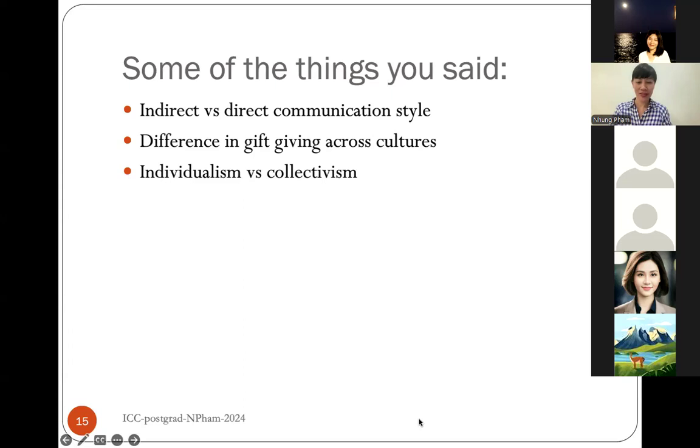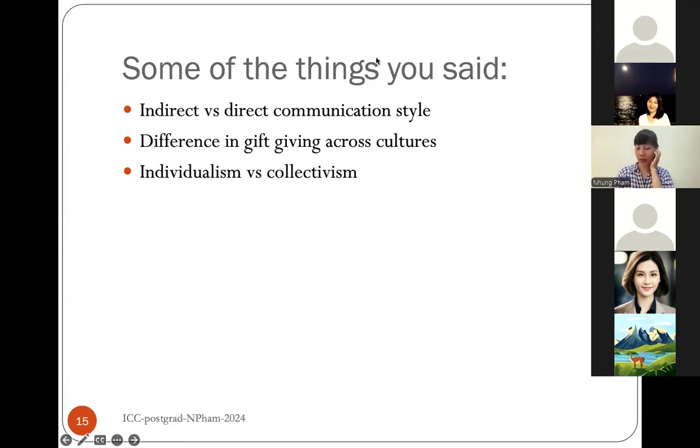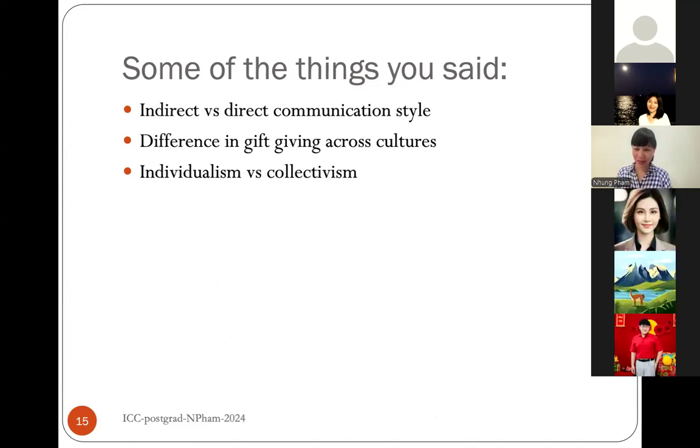I think it's direct. I think this is indirect because we use a question, not a command directed at the other person. So I think this is indirect communication.